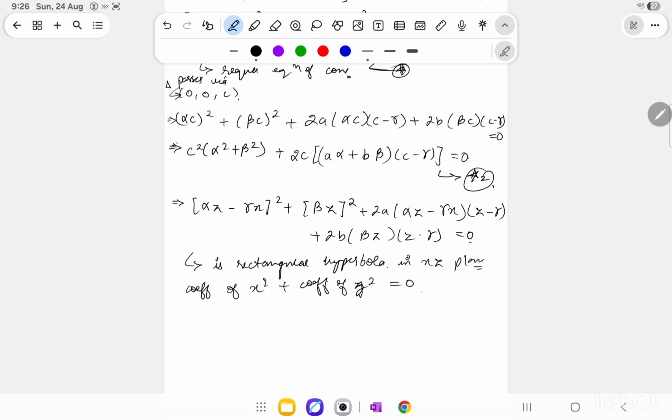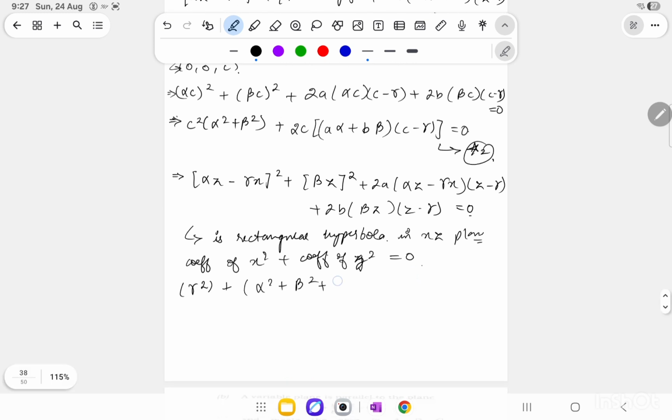The coefficient of x square from here we'll get as gamma square, plus the coefficient of z square, which will be alpha square plus beta square plus 2a alpha plus 2b beta, equals 0. So this must also be equivalent to 0. So I got two equations in alpha, beta and gamma.